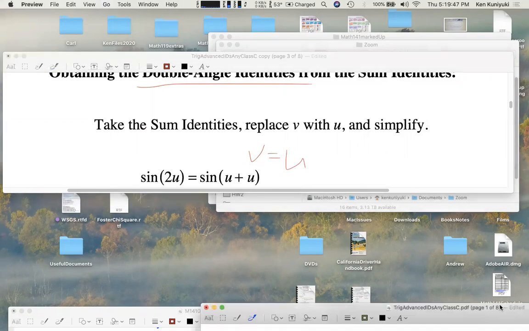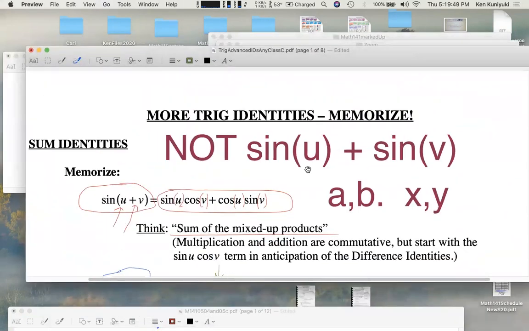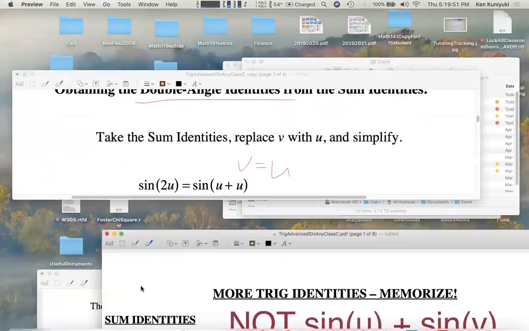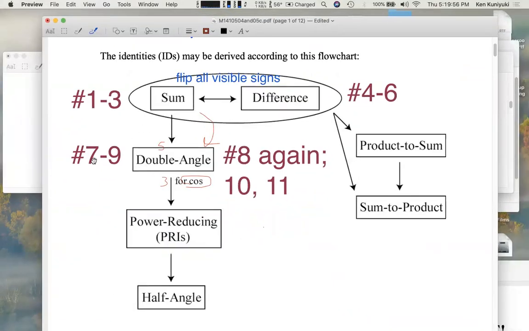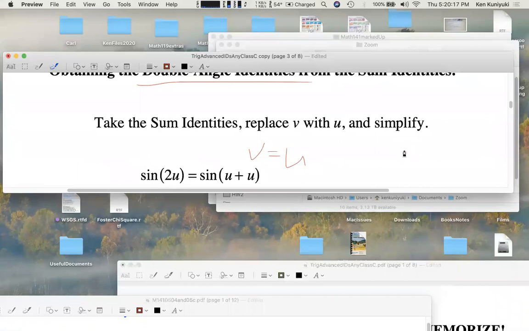So in the overall schematic up here, to get from the sum identities to these 3 main double angle identities, the key trick we're going to use is that we're going to let v equal u. Let v equal u. And we can derive these. All right.